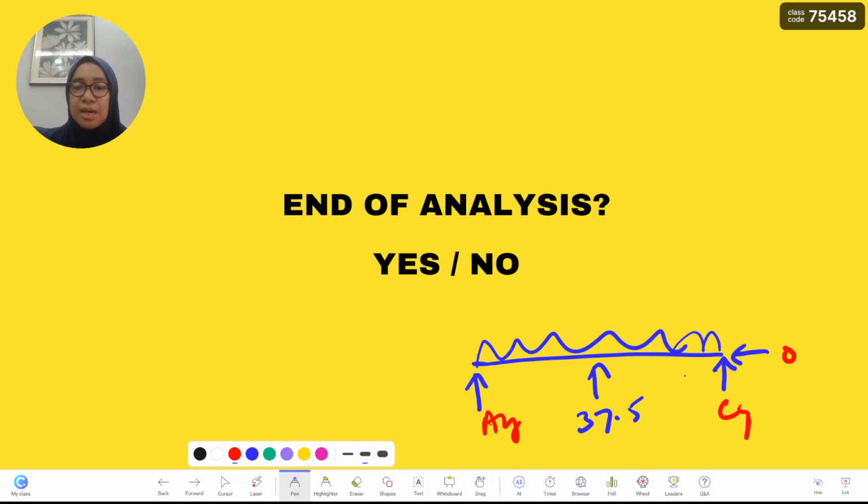Okay, since I believe everyone knows how to solve Ay and Cy using the equilibrium equation, I would like to focus on how we can solve Ay and Cy using another alternative, which is called the principle of superposition, which is actually quite straightforward and easier than using the equilibrium equation. Okay, so let's do that.